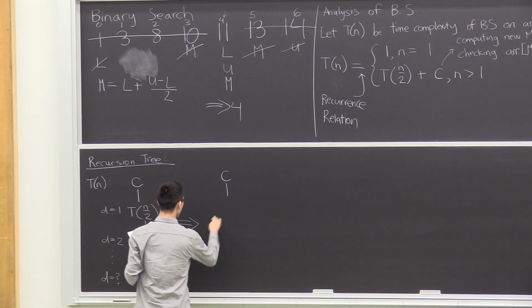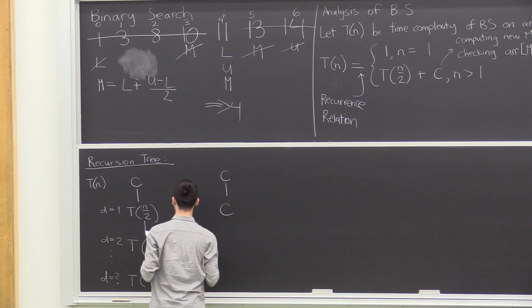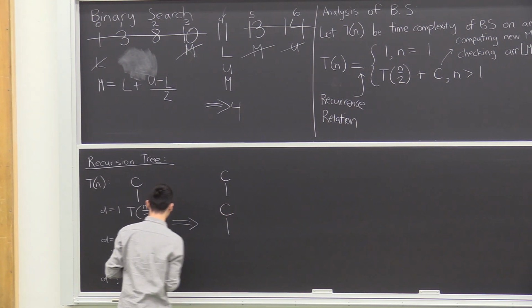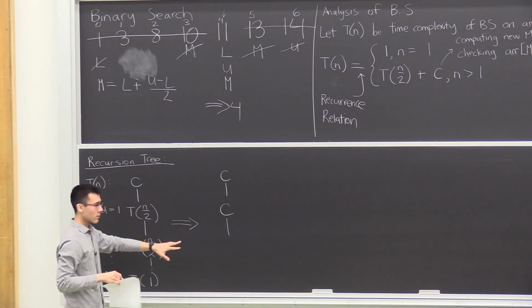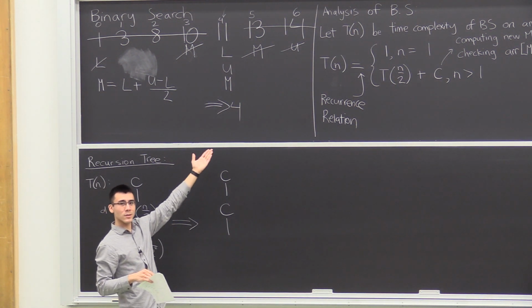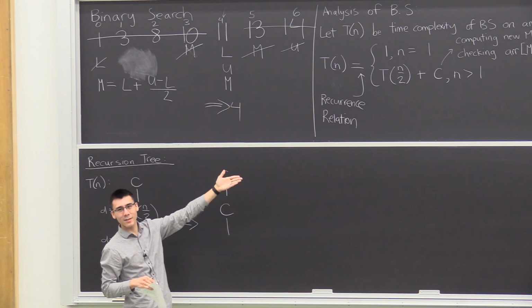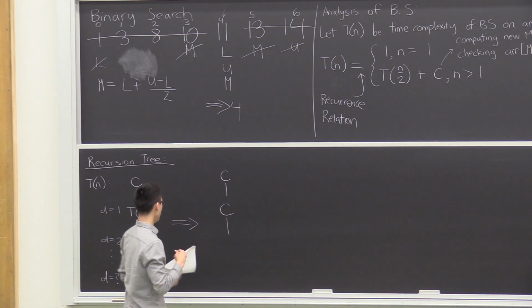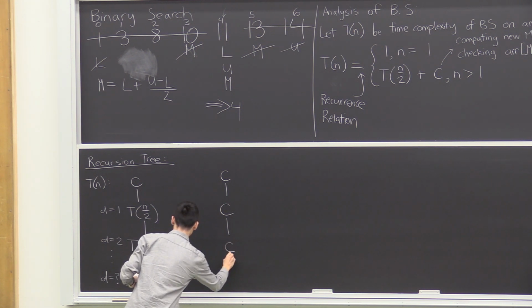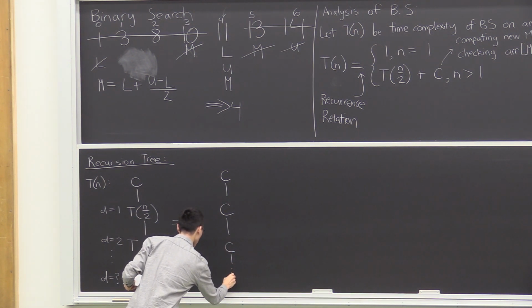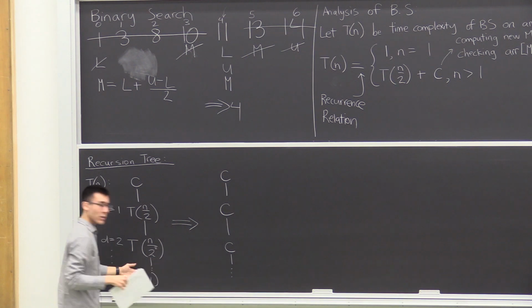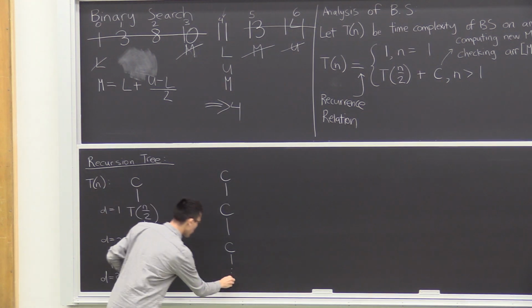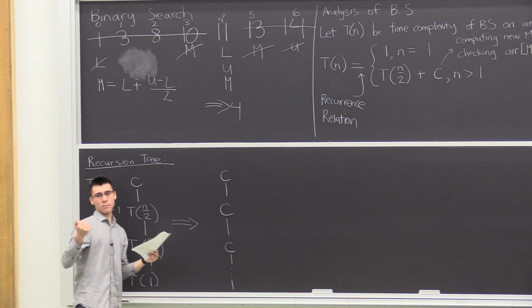So we can also write that this is just going to be c and then our T of n over 4. But T of n over 4 is just going to consist of c and T of n over 8, right? So we can write c, and really we can just keep on going over and over and over again until we reach our T of 1, which is just going to be 1 over there.